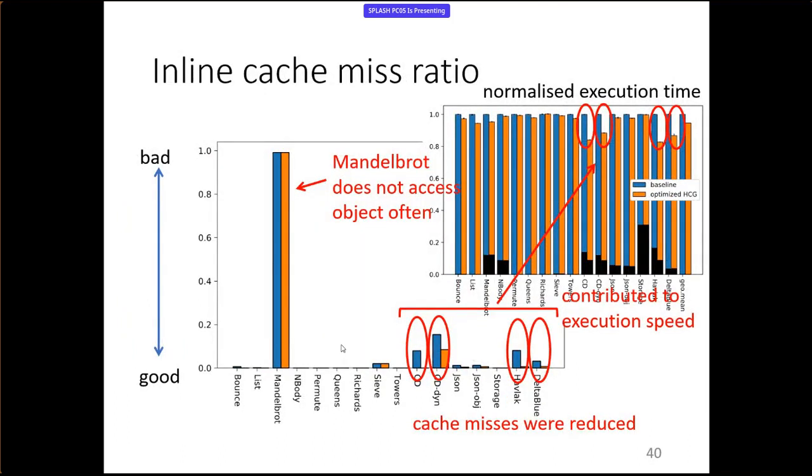Another reason why the execution got faster is the inline cache miss ratio. For these programs, the inline cache miss ratio was reduced, and this contributes to the execution time.